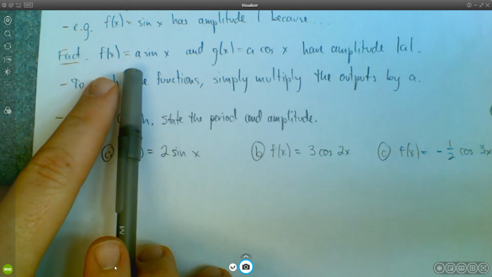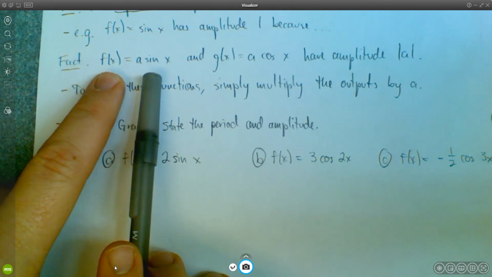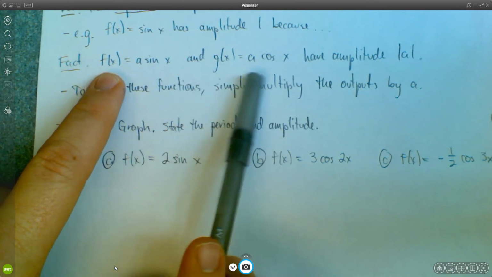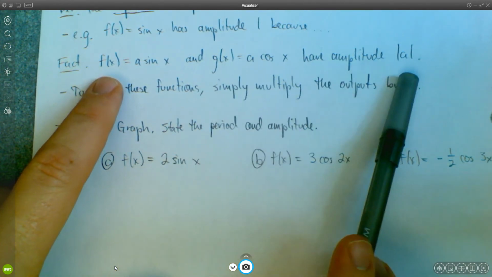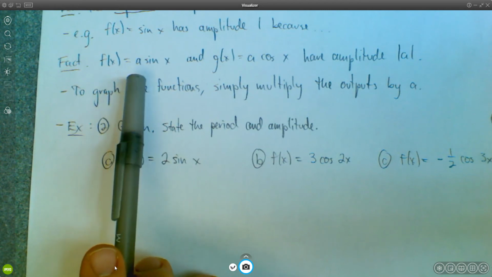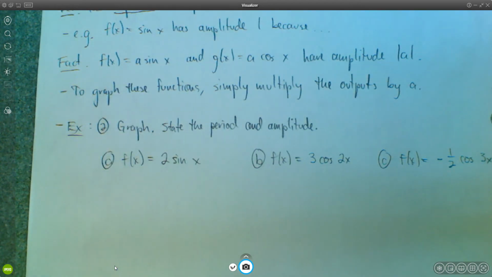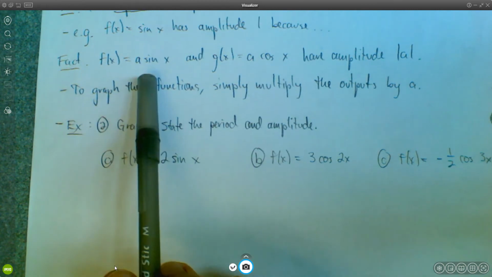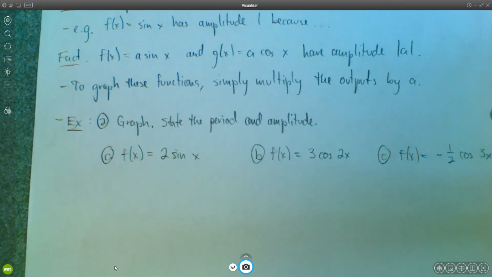More generally speaking, we can say this. f of x equals a sine x and g of x equals a cosine x both have amplitude absolute value of a. So if a is -3, so for example, f of x equals -3 sine x, that would have amplitude 3. And it would mean the maximum value is +3, the minimum value is -3, right? Same thing for cosine.